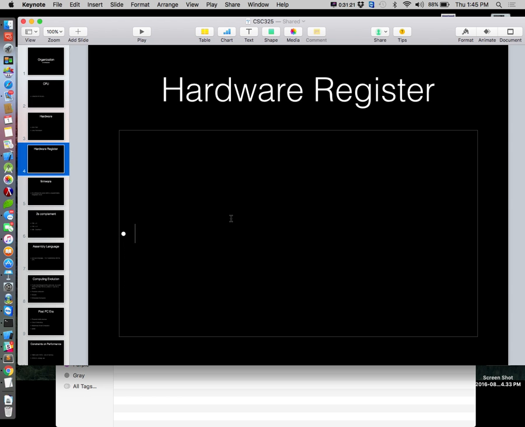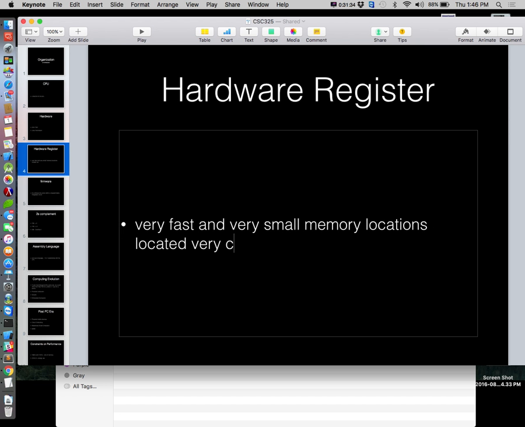Okay, so hardware registers are very fast and very small memory locations, typically located very close to the CPU.